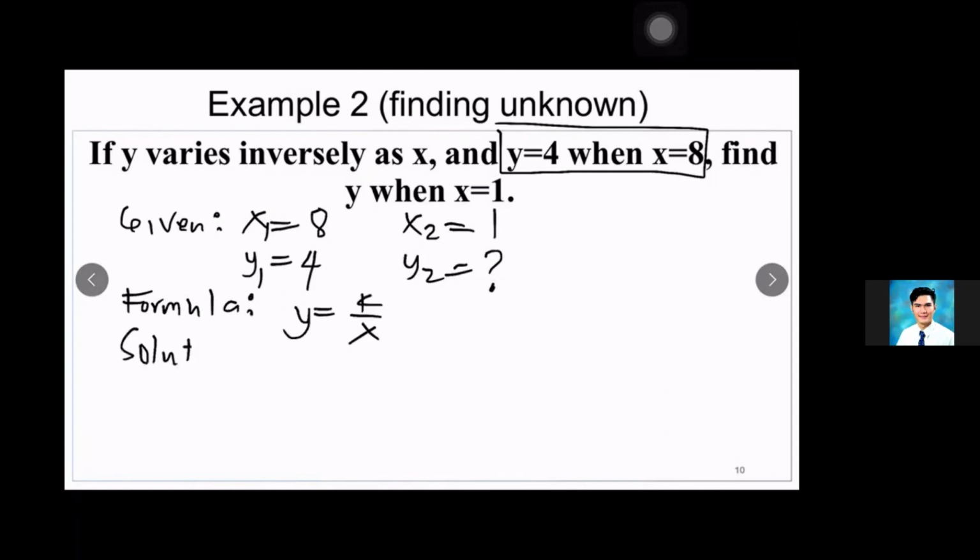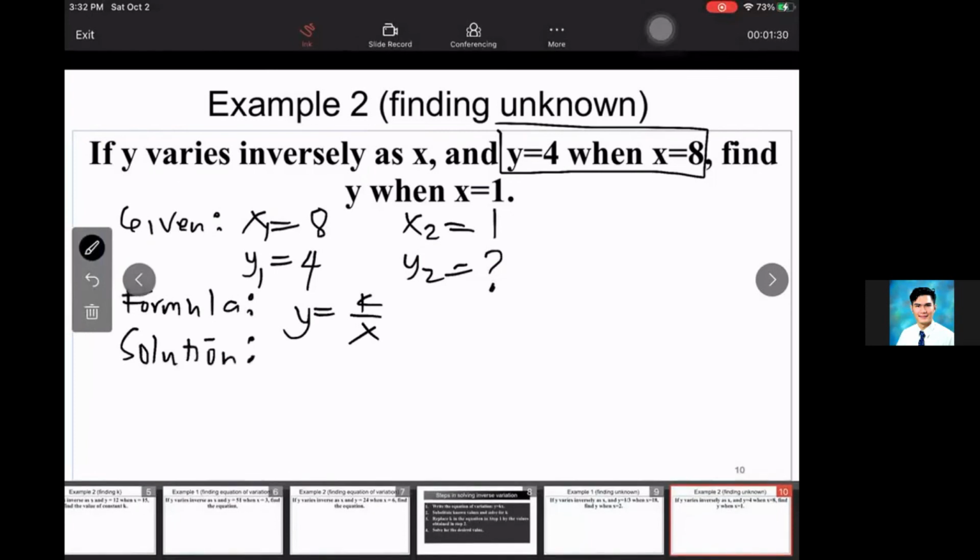Solution. For our solution, our initial step is we need to identify k by substituting the initial given of x and y. Substituting it, it will become y is 4 equals k over 8. Since 4 is a whole number, let us just write it over 1.